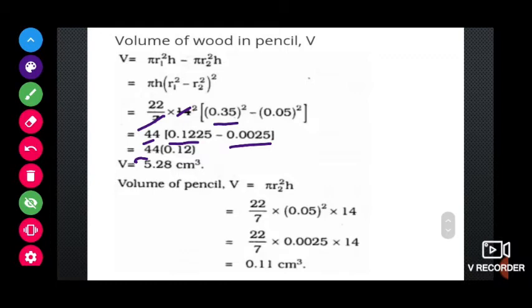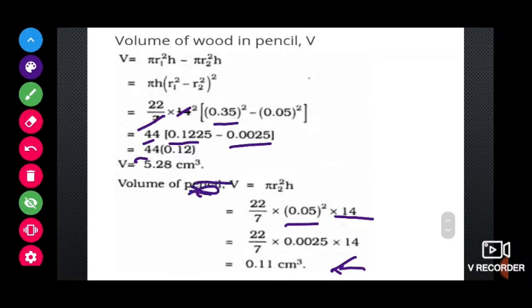So 44 into 0.12 is 5.28 centimeter cube. Now the volume of the graphite is V equals pi R2 square H. In the same way, if we substitute R2 and the 14, we will get 0.11 centimeter cube.